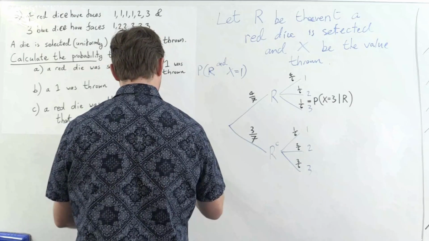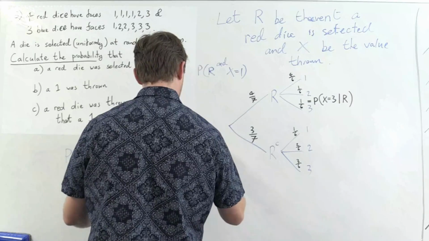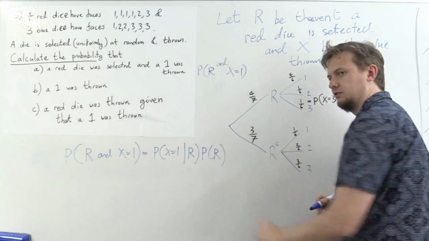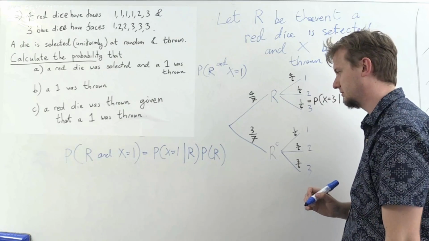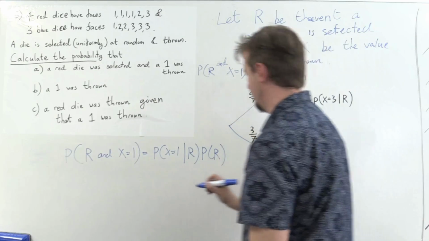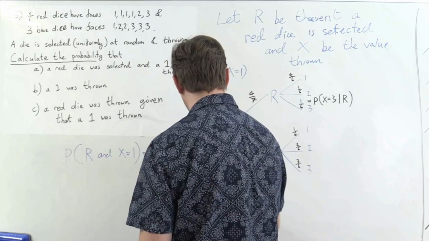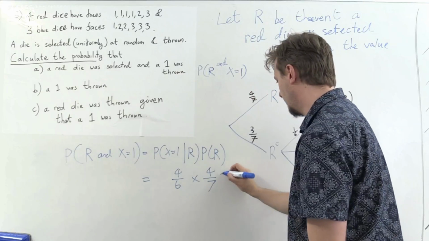Well, it's the probability that you get a 1 given that you selected a red, times the probability that you actually just selected a red. This is just the law of multiplication for probability, which really just means you head along this branch and then head along this branch. So firstly, the chance of us selecting a red was 4/7, and when I selected that red, there's a 4/6 chance I actually roll a 1.